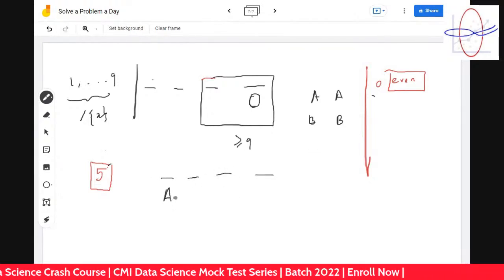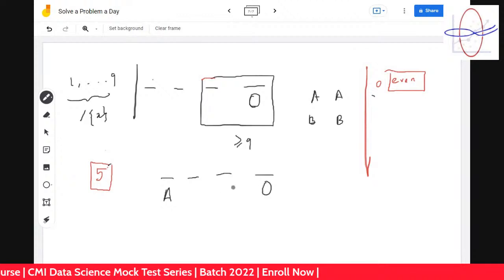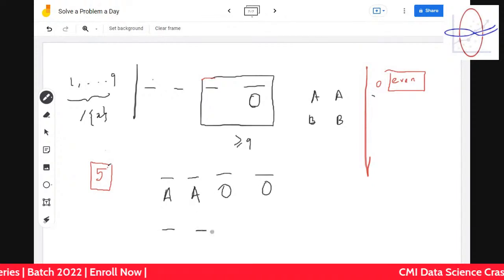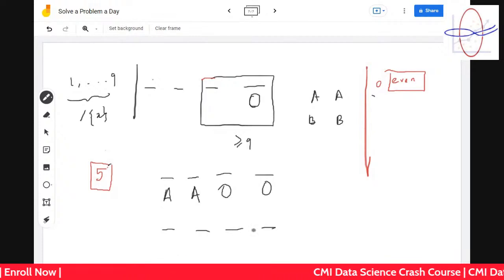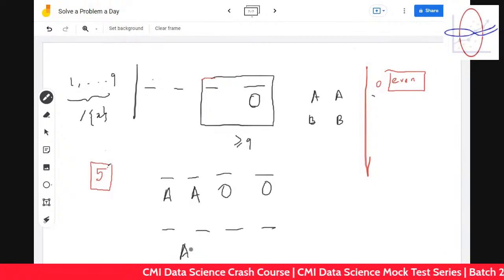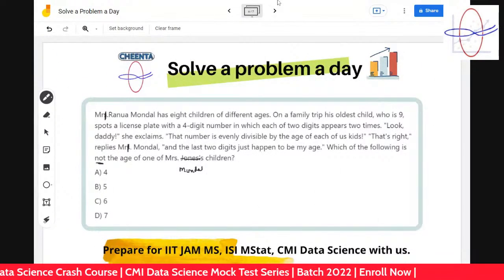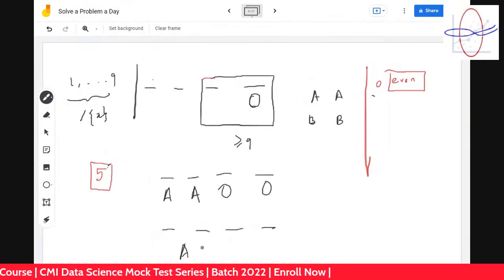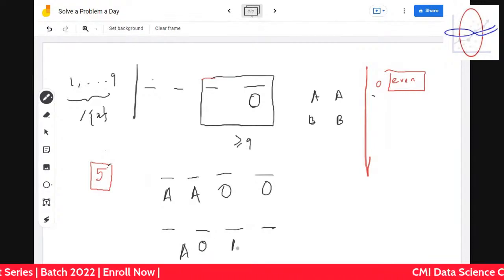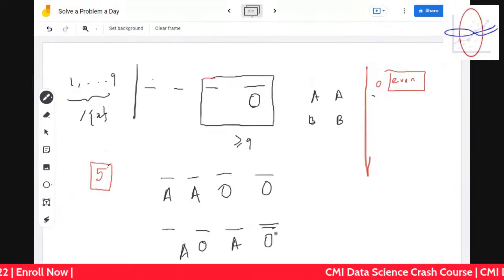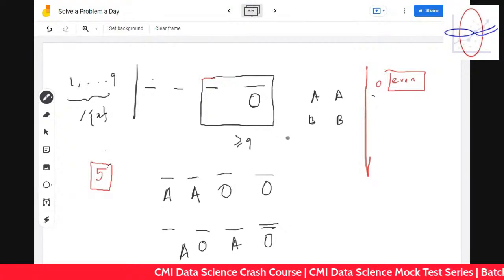It can be A 0 here, so 0 here and A here, or it cannot start with 0, since it's a 4-digit number. So 0 cannot be the first digit. It can also be like this: A must be the starting digit, and A is non-zero, of course.